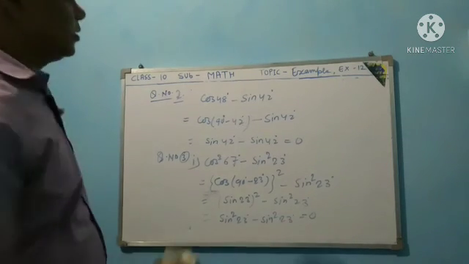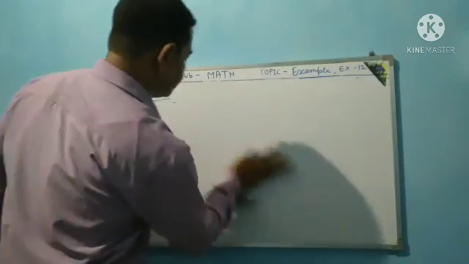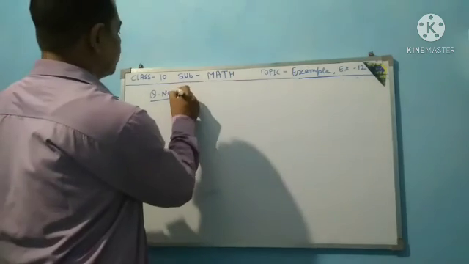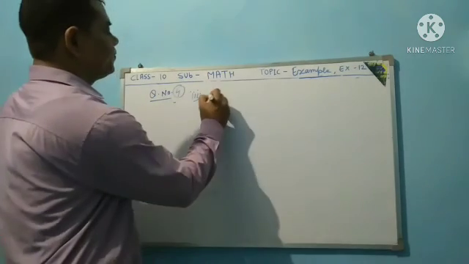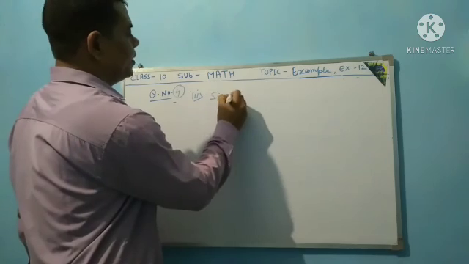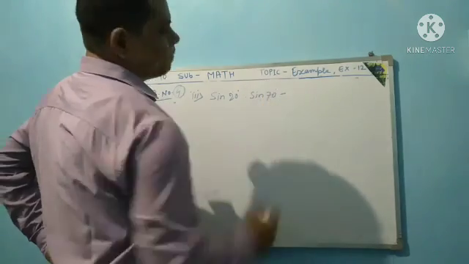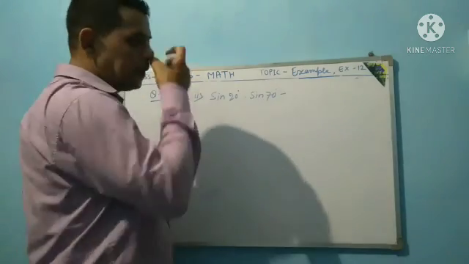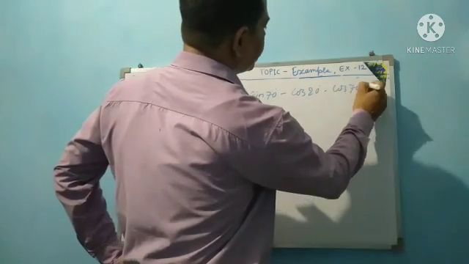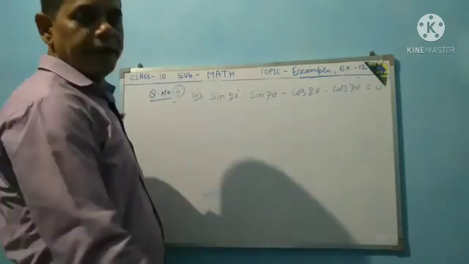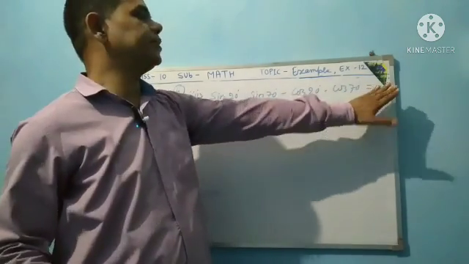And next is question number 4, that is sin 20 degree into sin 70 degree minus cos 20 degree into cos 70 degree equal to 0.